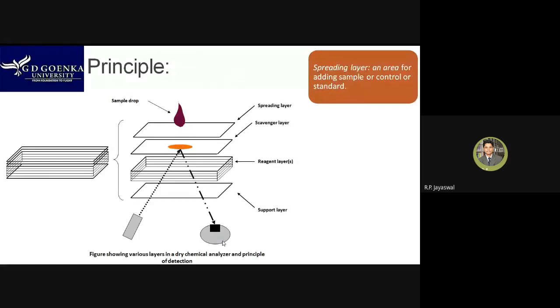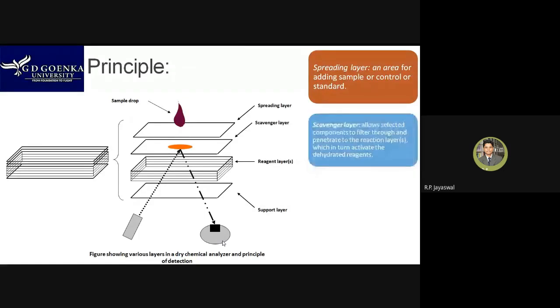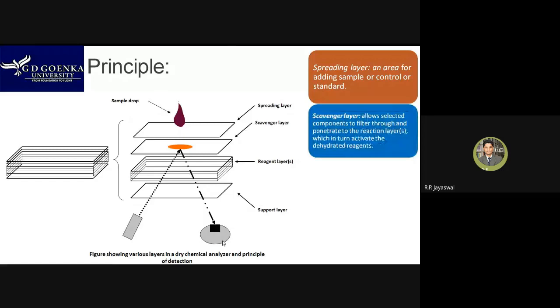What happens in the scavenger layer? Scavenger layer allows selected components to filter through and penetrate through the reaction layer, or what we say reagent layer, which in turn activates the dehydrated reagents. The scavenger layer acts like a filter, and that filter allows only selected components to pass through.